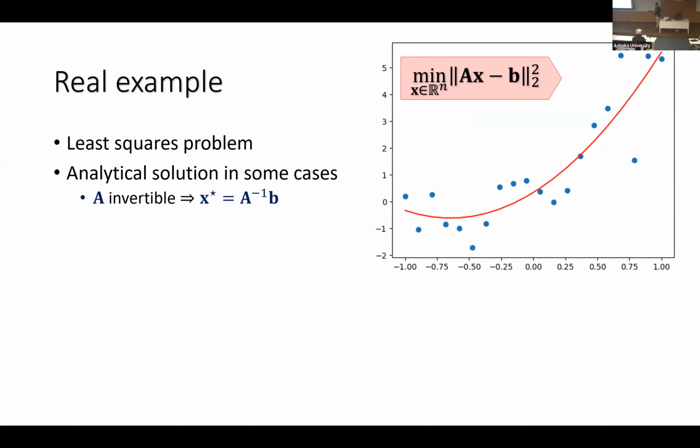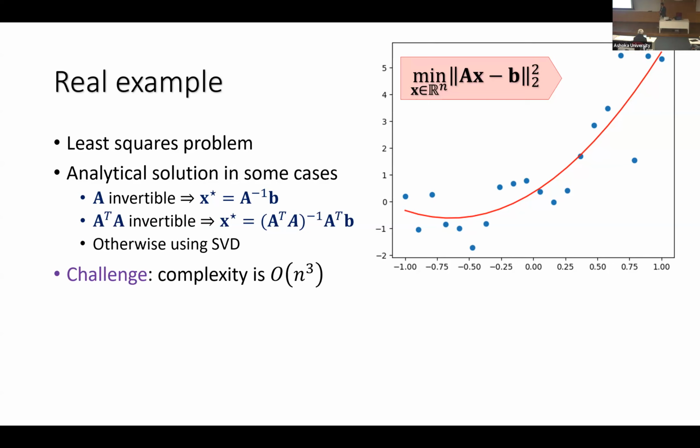If A is invertible, definitely, or A transpose A is invertible, then also you can find it. Otherwise, if these two are not the case, then you need to find it some other way. For example, you can find it through singular value decomposition. I'm not going through these linear algebra details. I assume that some of you know. Even if you don't, you can just believe me that you can find it through linear algebra.